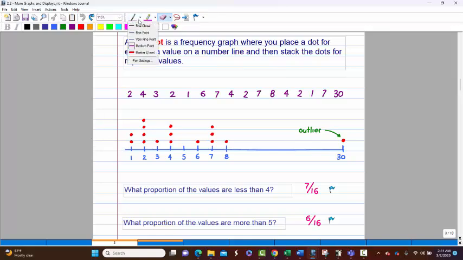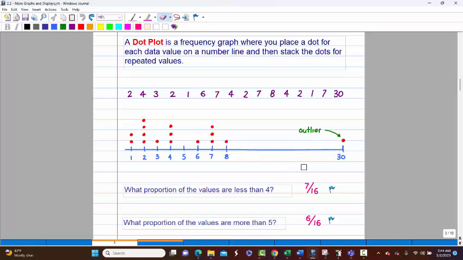It's real easy. You put a 2, and that's going to represent this dot right here on the bottom. 4 represents that dot. 3 represents this dot. 2, another 2. So anytime a number repeats, you stack the dots. So that second 2 would be that second 2 right there. And you just keep stacking the dots as they repeat, and then there's your dot plot.